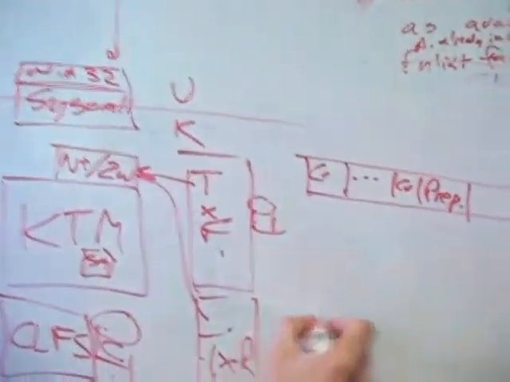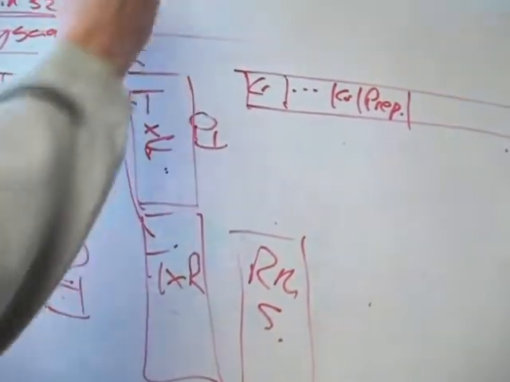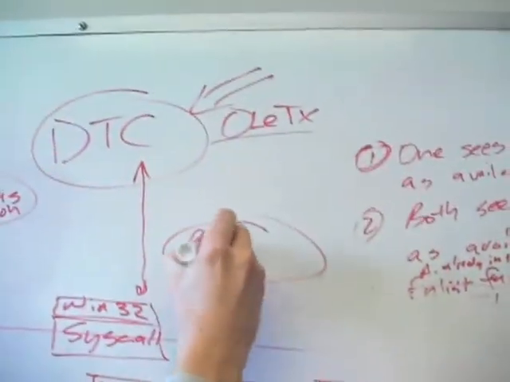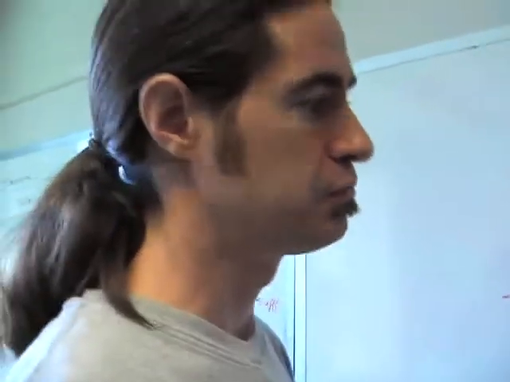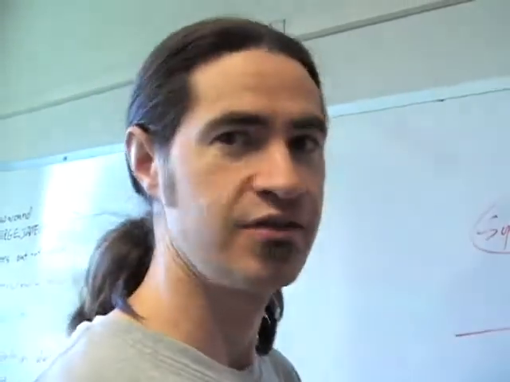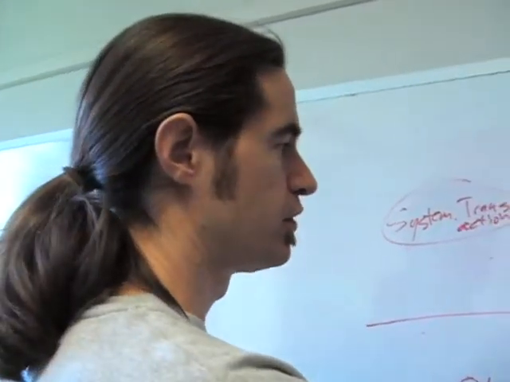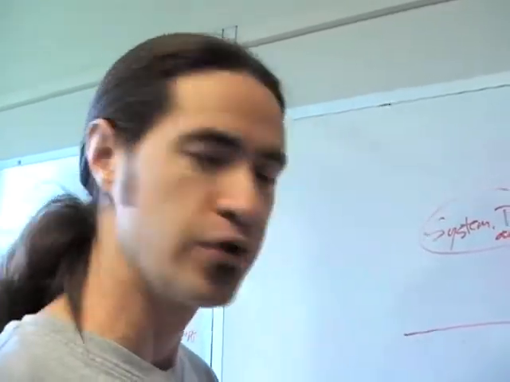Other people could write other RMs in the kernel. Say if they have some other store, people can write other RMs up in user mode. Say you wanted to take the JET database and make it play in transactions with SQL or TxF. You could write to our Win32 APIs, which support doing resource managers in user mode as well.